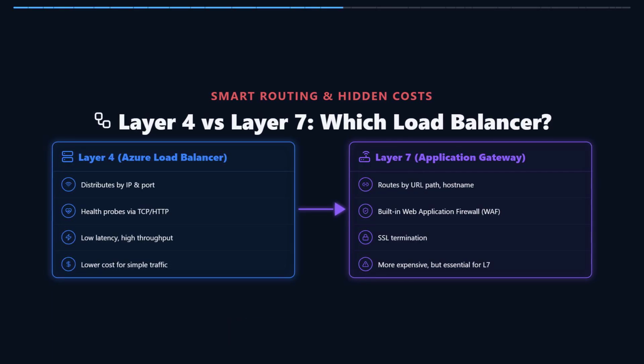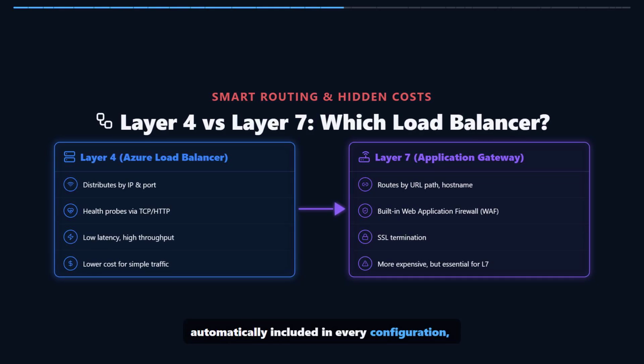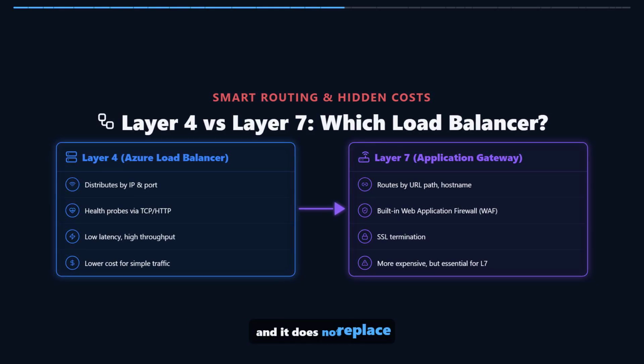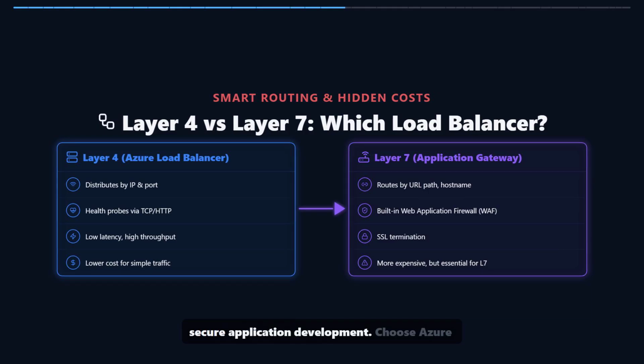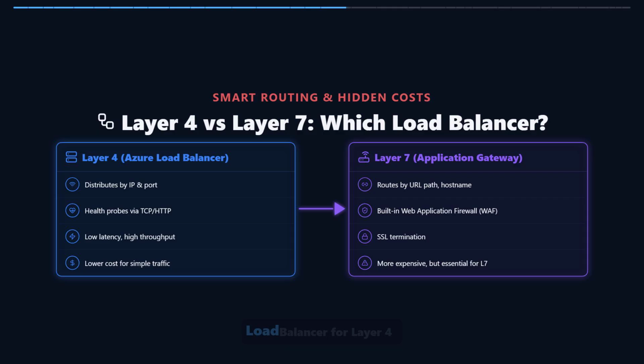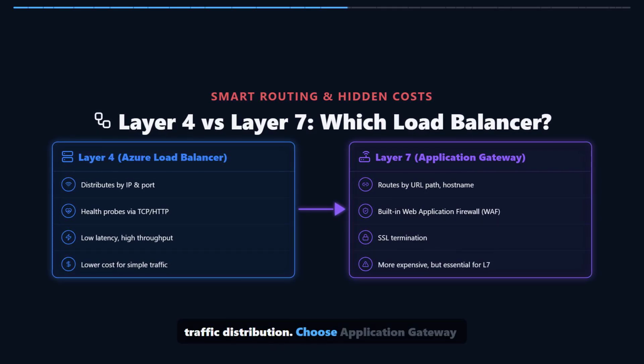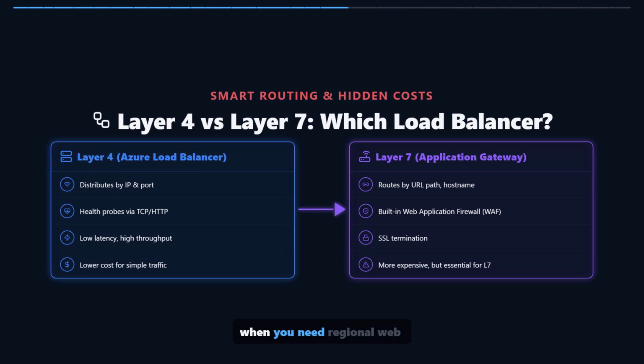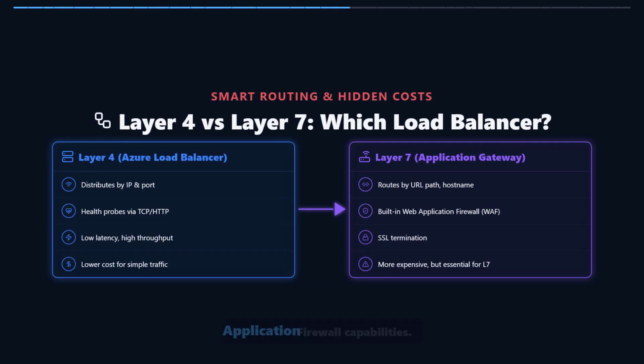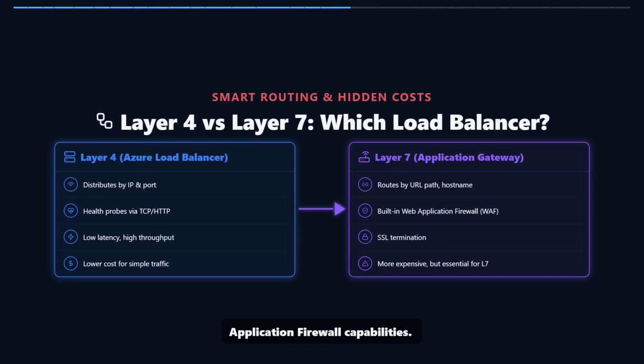But WAF is not automatically included in every configuration, and it does not replace secure application development. Choose Azure Load Balancer for Layer 4 traffic distribution. Choose Application Gateway when you need regional web routing, TLS termination, or web application firewall capabilities.